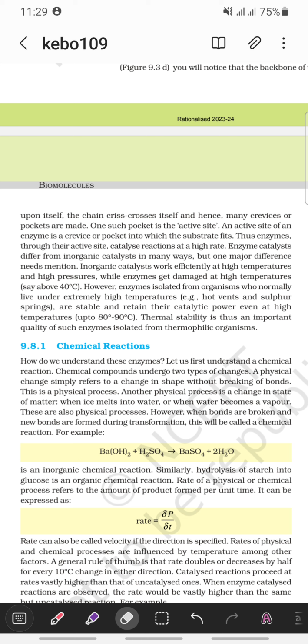However, enzymes isolated from organisms that normally live under extremely high temperature, for example hot vents and sulfur springs, are stable and retain their catalytic power even at high temperatures of 80 to 90 degrees Celsius. Thermal stability is thus an important quality of such enzymes isolated from thermophilic organisms.